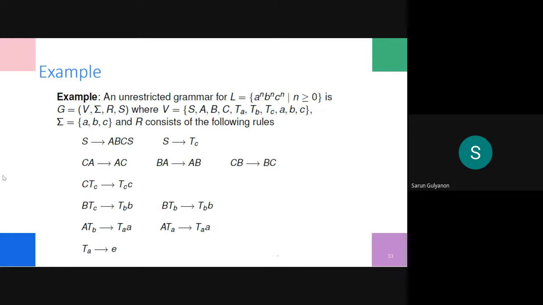For example, this first rule we can apply as many times as we want. When the numbers of A's, B's, and C's do not match, we can loop forever, keep substituting S by this ABCS forever, and we're stuck in the loop.